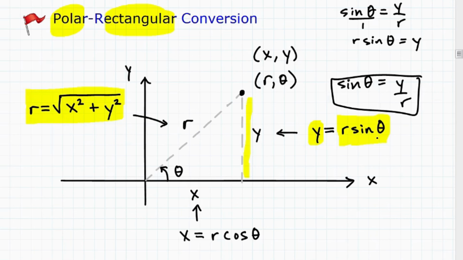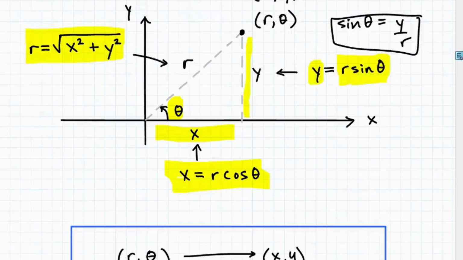This is why we can express this distance, y, as r sine theta. And the same thing for x: I can express that as x equals r cosine theta. So this is the foundation of expressing a point as polar or rectangular, but let's clean this up a little bit.